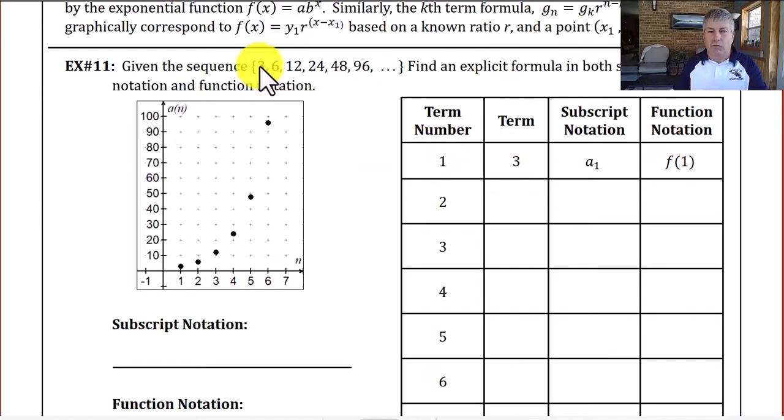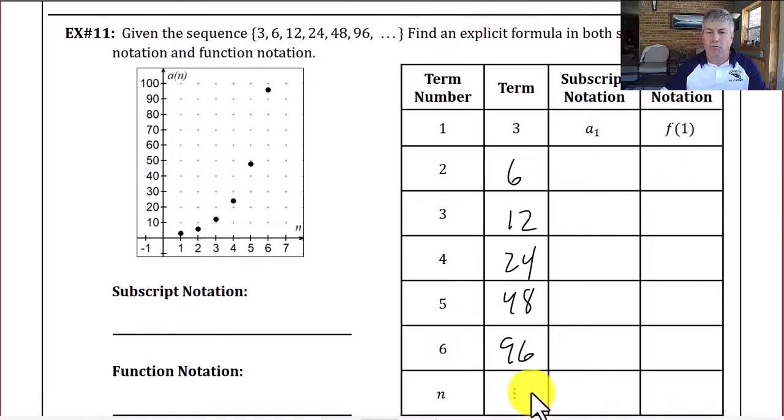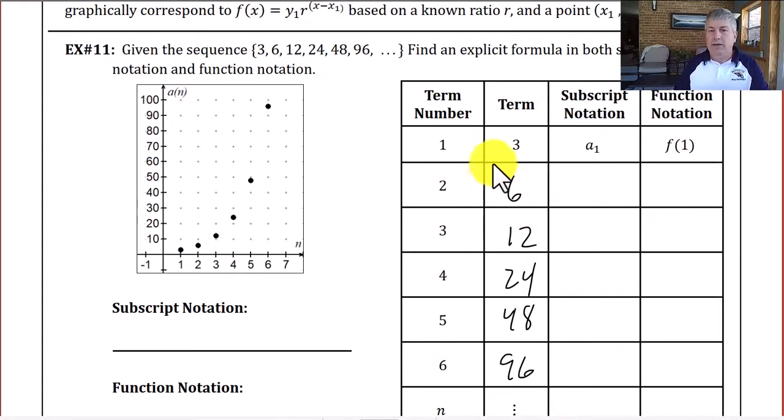So our first term is 3, our second term is 6, 12, 24, 48, 96, and so forth. So we can see here that our y's are doubling. So we know that our r is equal to 6 over 3, which is equal to 12 over 6. So our r, or our ratio, is equal to 2.